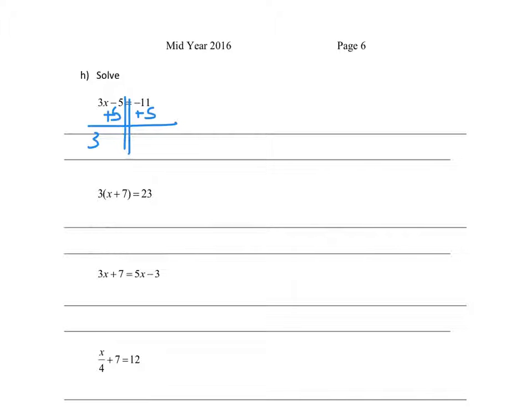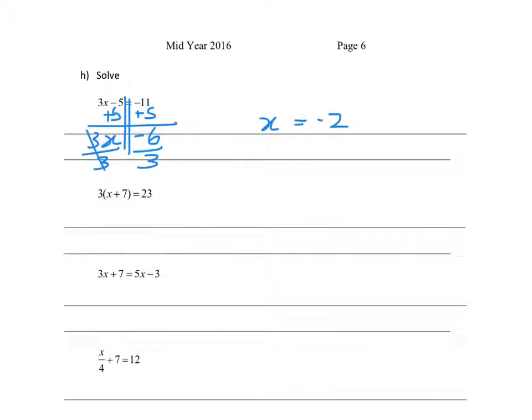That leaves me with 3x, and I have negative 6 on that side. I want to get rid of the 3, divide by 3 on both sides, cancel those 3's. So x equals negative 6 divided by 3 is negative 2.